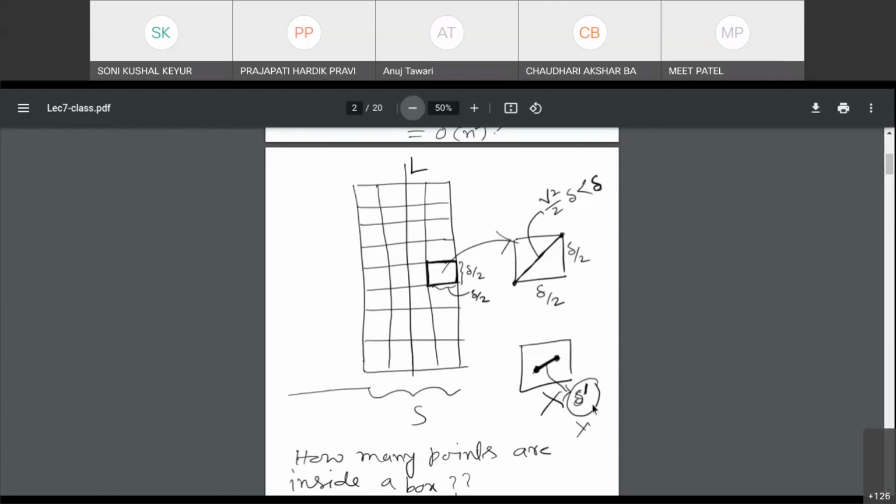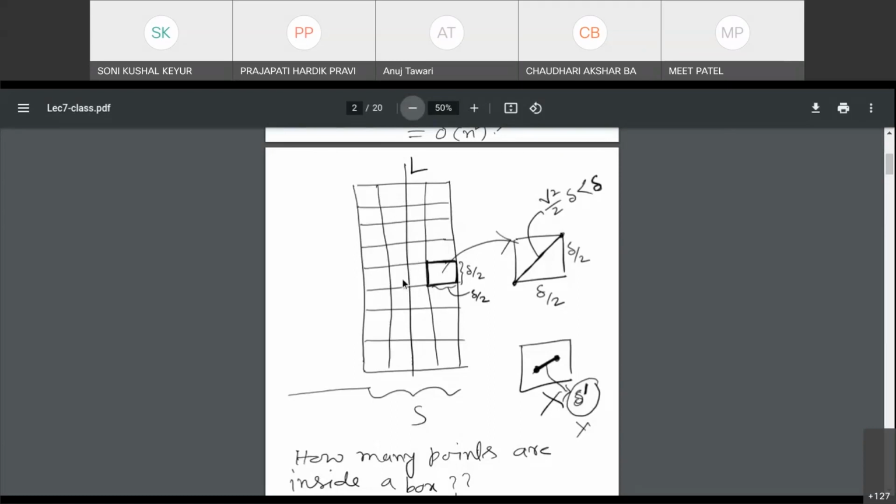So the problem is it is not n log n currently. And why is that? Because we did this divide step, we divide into two parts, right? And then we sorted these points according to the y coordinate, right?